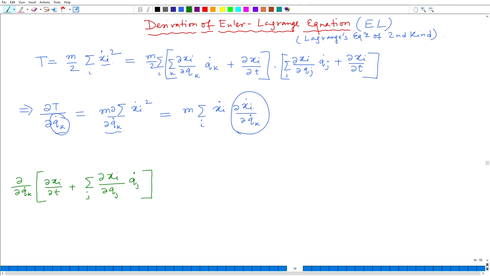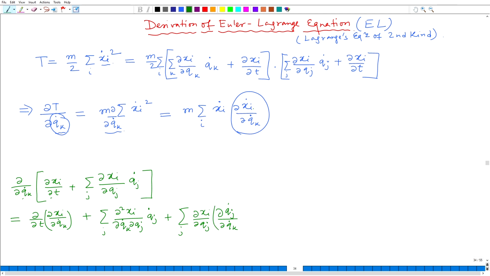You will see that these two commute, so it will have del by del t of del x_i by del q_k dot, and then you will have two terms summation over j: one is del 2 x_i by del q_k dot del q_j times q_j dot, plus summation over j of del x_i by del q_j times del q_j dot by del q_k dot.